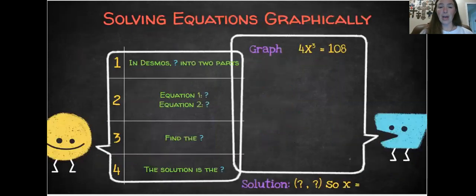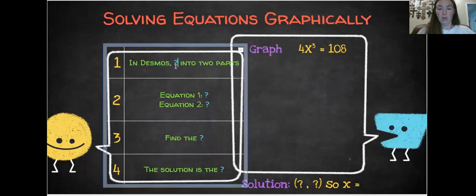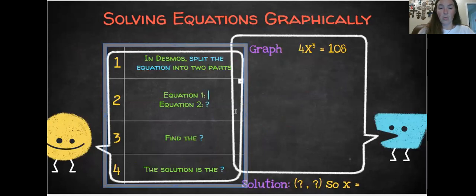So let's look at graphically. If we want to solve equations graphically, the first thing that we're going to do is go into Desmos, and then we are going to split the equation into two parts. The two parts are going to be the left side and the right side. So for equation 1, we're going to put y equals whatever the left side of the equation is.